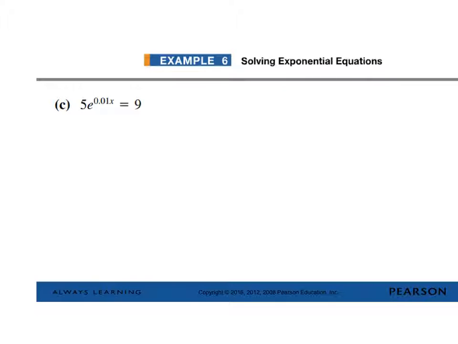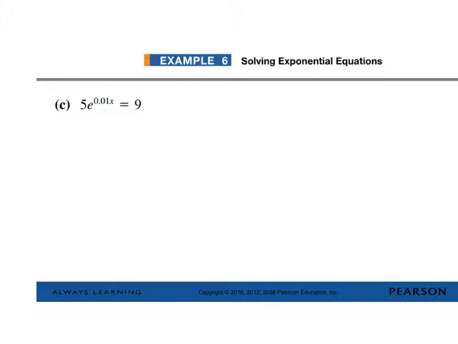So for our next example, we're going to employ this trick one more time. Only this one's a little simpler, because what we have here is a number times e raised to some power, where x is in the power, and it's equal to 9. And in this case, we don't need immediately to do the natural log. We need to isolate the term that has the x in it on one side.